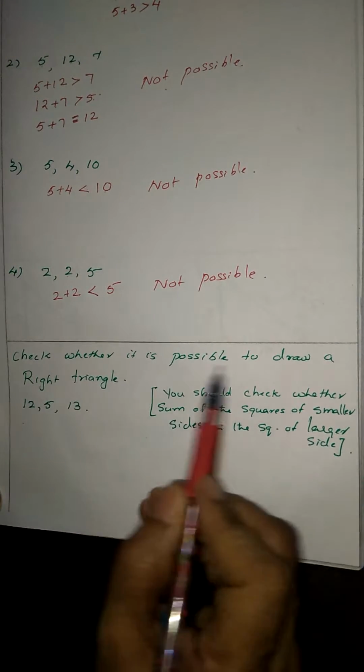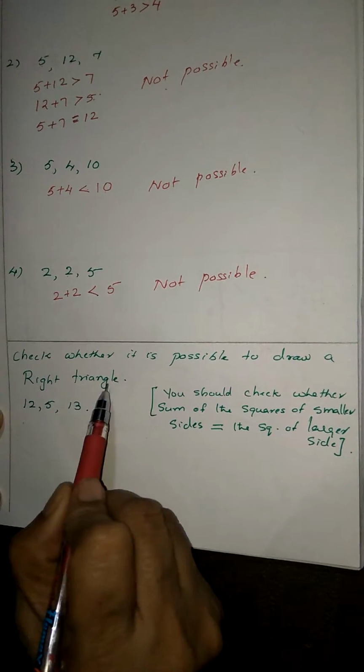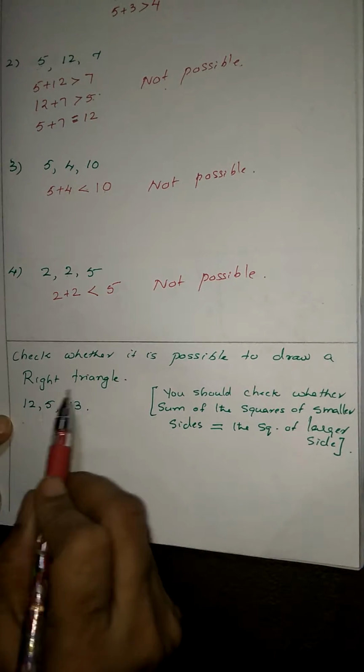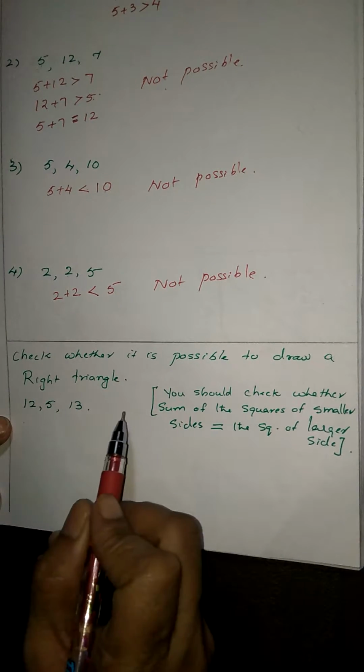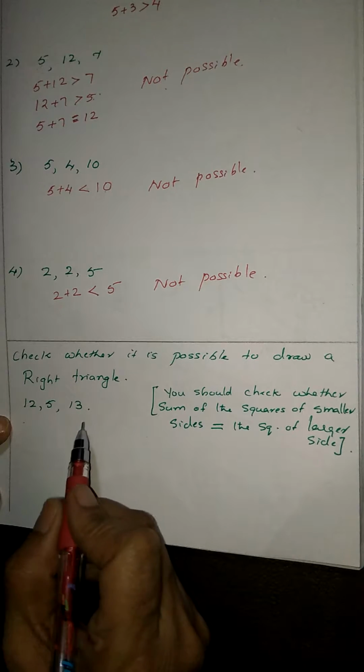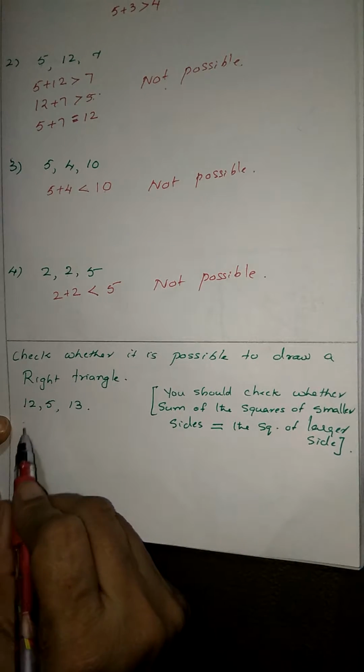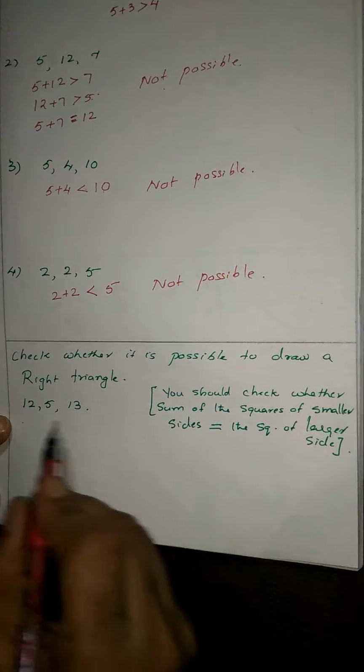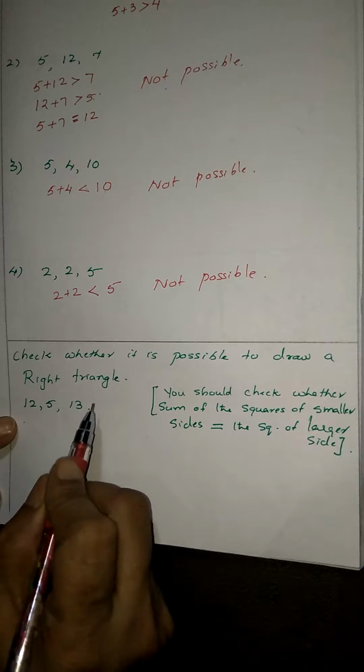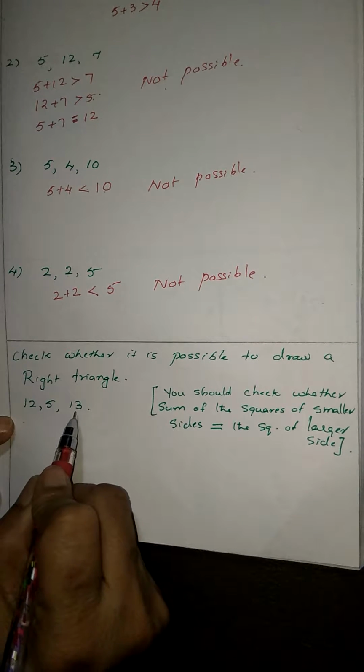So we have to check whether it is possible to draw a right triangle. For a right triangle, the hypotenuse squared is equal to the sum of the squares of the other two sides. In a right triangle, the hypotenuse is always the greatest side.